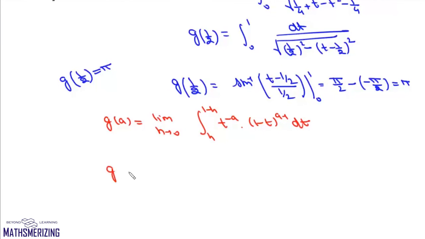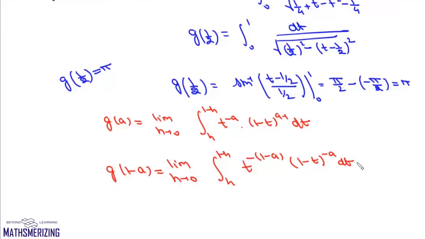Now if we find g 1 minus a, g 1 minus a will be this limit h tends to 0, this is from h to 1 minus h t to the power minus 1 minus a and 1 minus t to the power minus a dt.